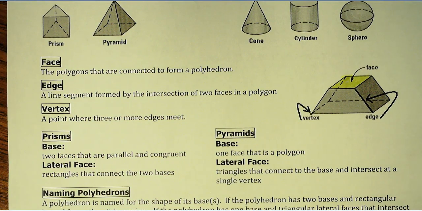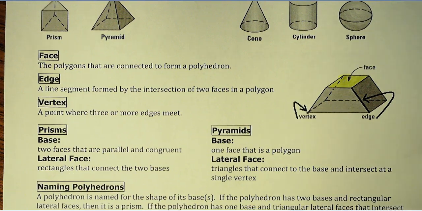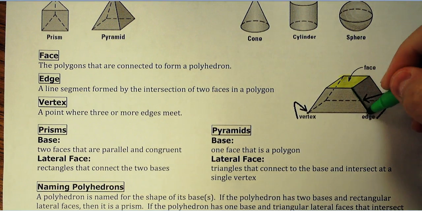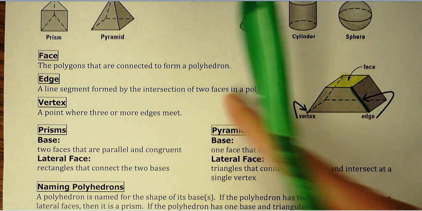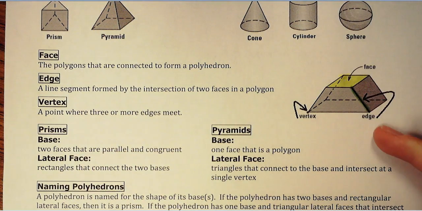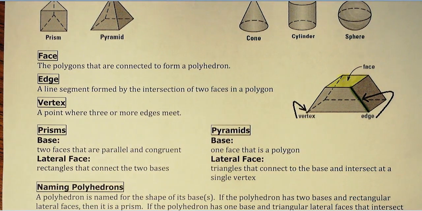We can't really tell from the diagram, but a face is just any of the flat surfaces. An edge, which is kind of darkened in this picture here, is a line segment that is formed by the intersection of two faces of the polygon. So here I've got this face, the intersection is that line segment, so that's called an edge.